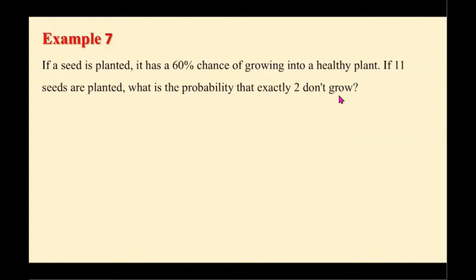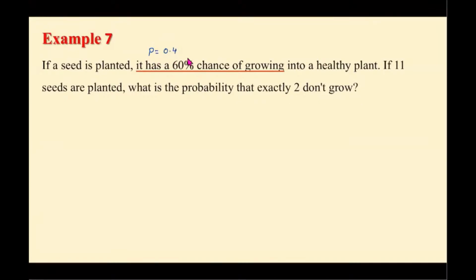So to begin with, we begin here where it says it has a 60% chance of growing. So 60% chance of growing means the probability that it won't grow is 40% or 0.4. We want the probability of not growing because here we are looking for the probability of not growing.